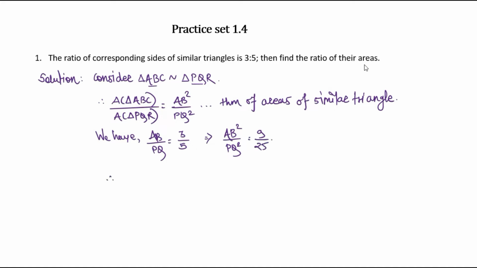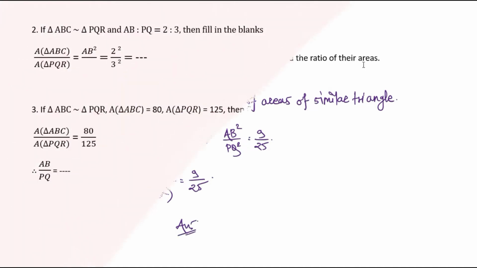Therefore, finally, the ratio of their areas, that is area of triangle ABC upon area of triangle PQR, is equal to 9 upon 25. This is the desired answer for this problem.